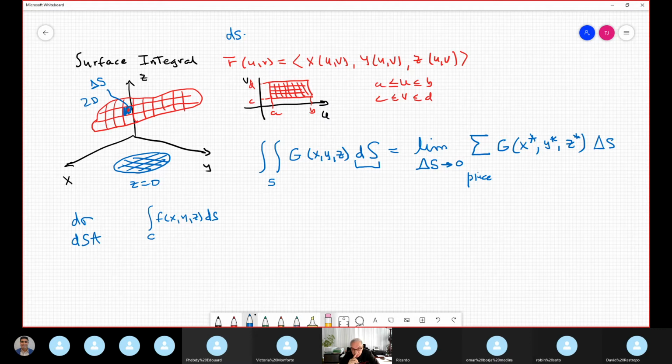What does a surface integral mean? Suppose that function is the density function, to get some interpretation. Then this integral is the mass of the hypothetical surface.